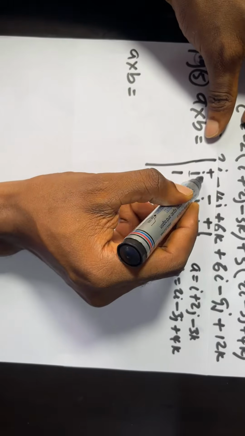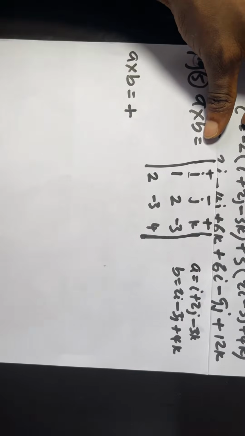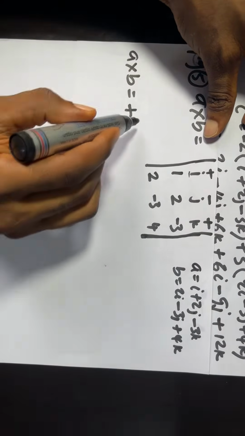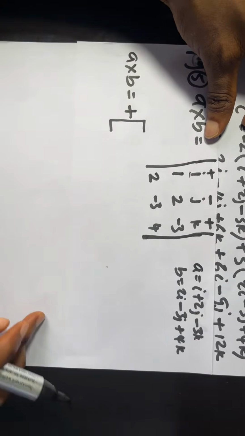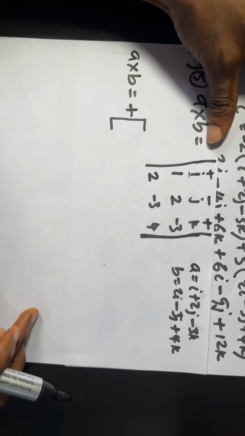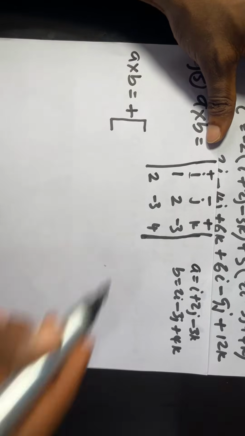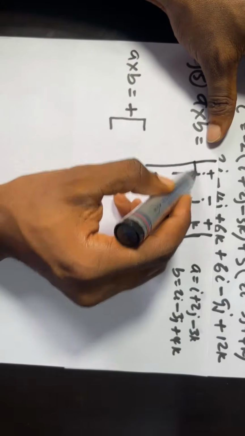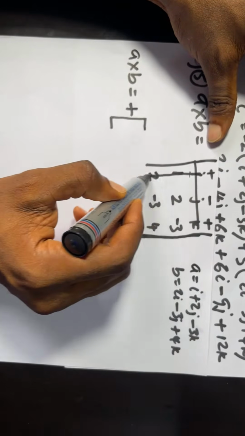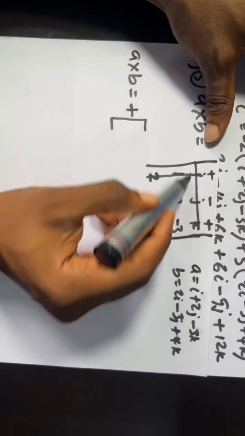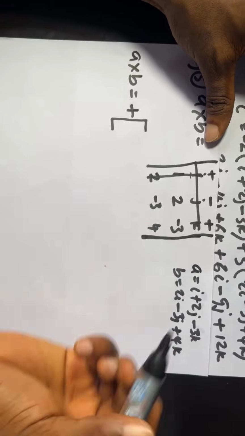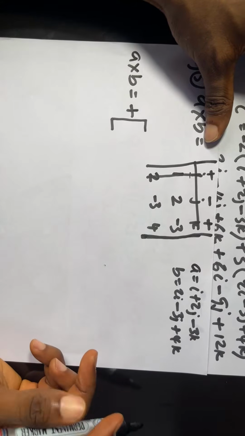What's the sign under I? It's plus. Very important. You write down your sign. You open a very big bracket. I'm going to cross this, I'm going to cross this. Now, anywhere my cross is not touching, I'm supposed to use a blue pen there so that you understand.